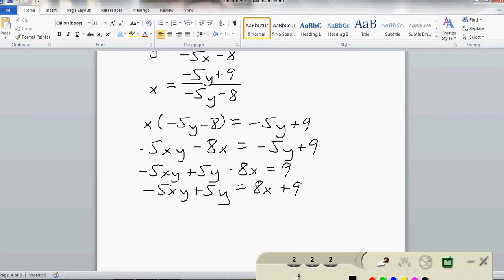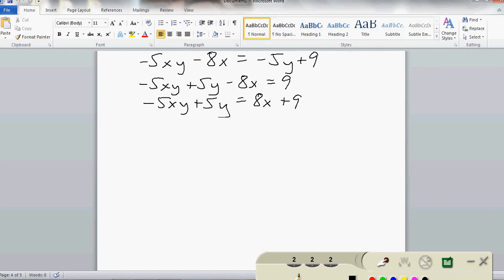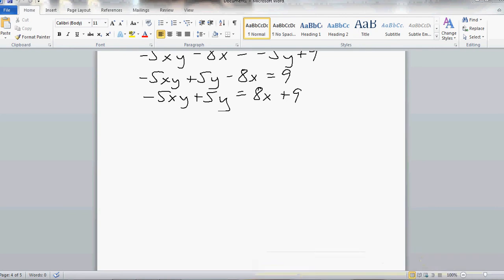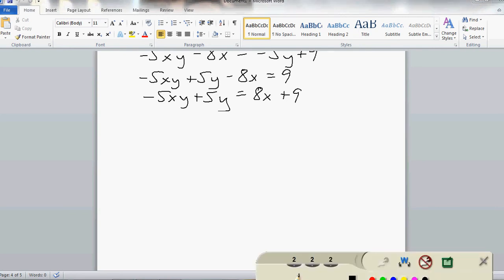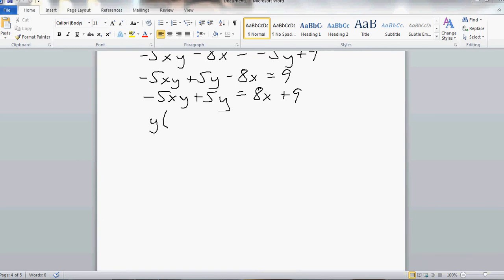Rather lengthy one, but now we have a problem because we have two y's. So what we really need to do is factor out that y, leaving negative 5x plus 5 whenever I factor that out.